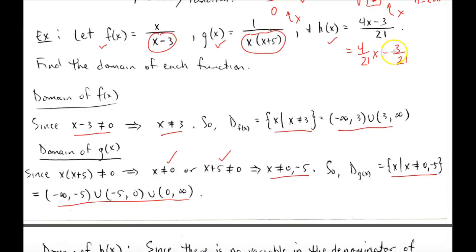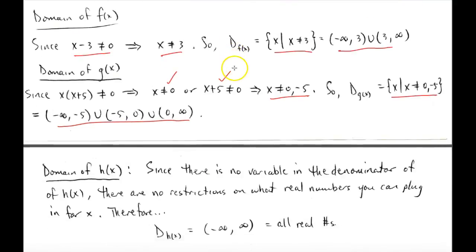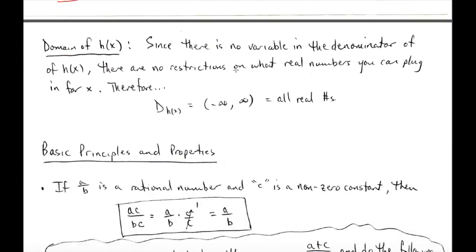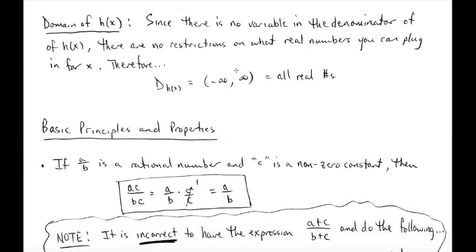Okay, and of course we know that this could be reduced to 1/7, but in general we know that any x value that we plug in that is a real number, we're going to get out a real number as a result. And so because of that, we know that the domain of h of x is just going to be all real numbers.